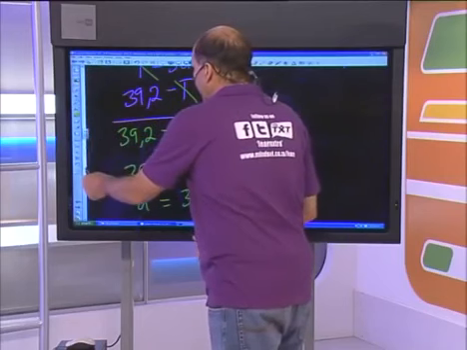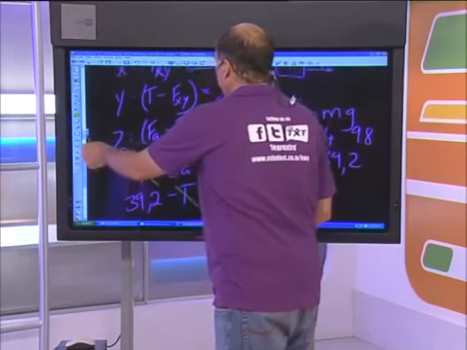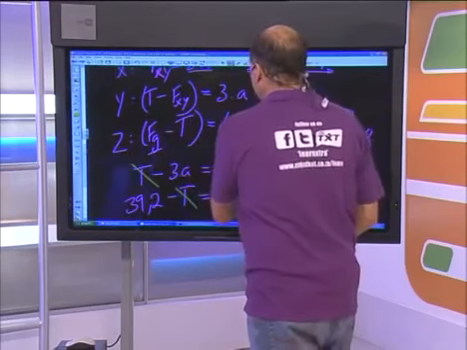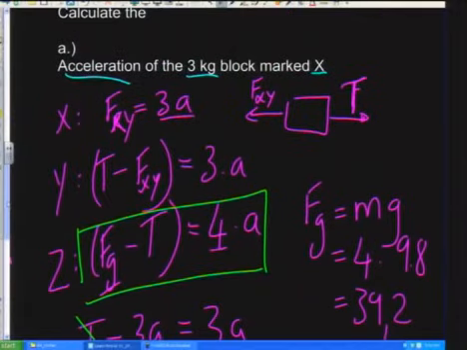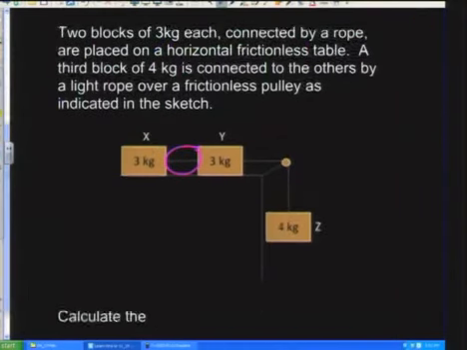Okay, let's move on. The next part of the question now becomes really easy because I can take either of these 2 equations, okay, and I can use them to work out. If I know the acceleration, I can work out what's happening in the second part, and that's exactly what I'm going to do.